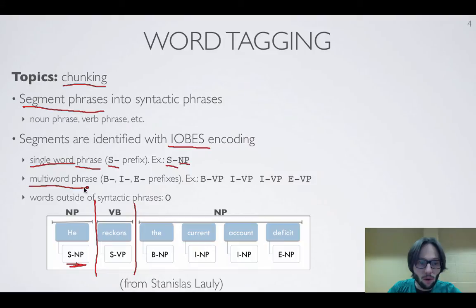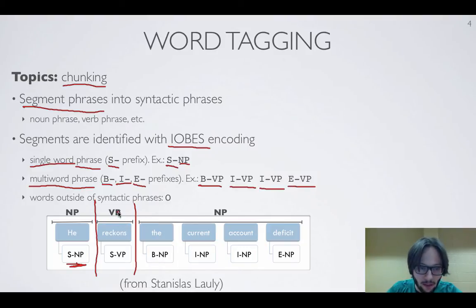Now if we have multi-word phrases, then we'll identify the beginning with B, the end word with E, and I will be used for all the words that fall between the beginning and the end. So if you had a phrase that contained 4 words, we'd have B-VP, I-VP, I-VP, and E-VP.